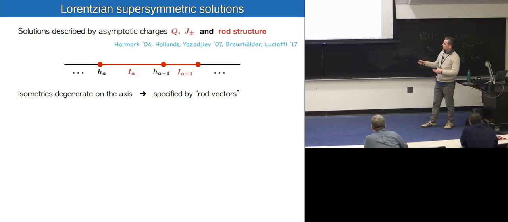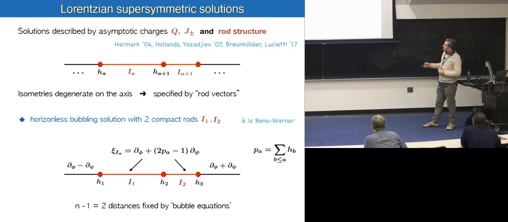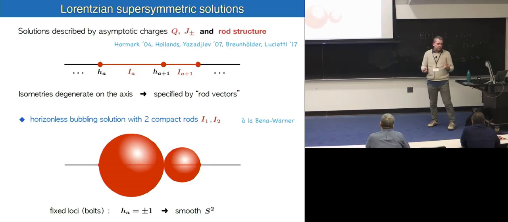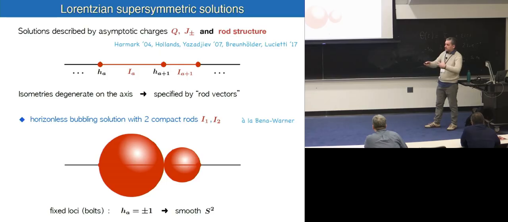So these rods are associated with rod vectors, or vice versa. To each of these rods, we can associate a rod vector. So there is a combination of the three U(1)s that degenerates on each of these rods. And on each of these rods, we can have a different combination that degenerates. And this gives rise to the different non-trivial cycles that we can have in the solution.